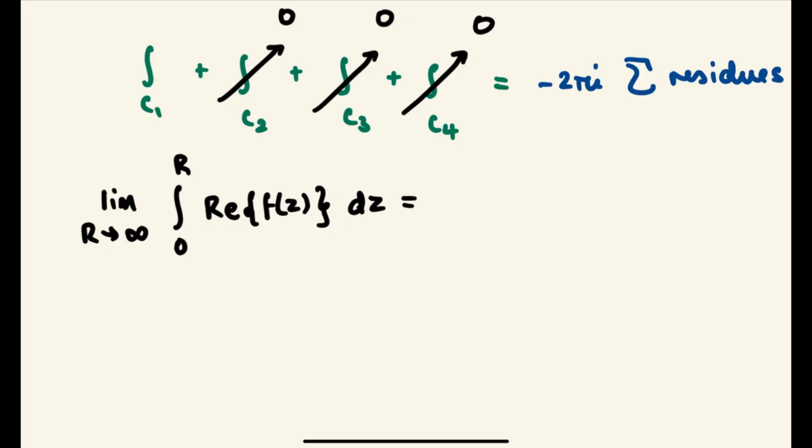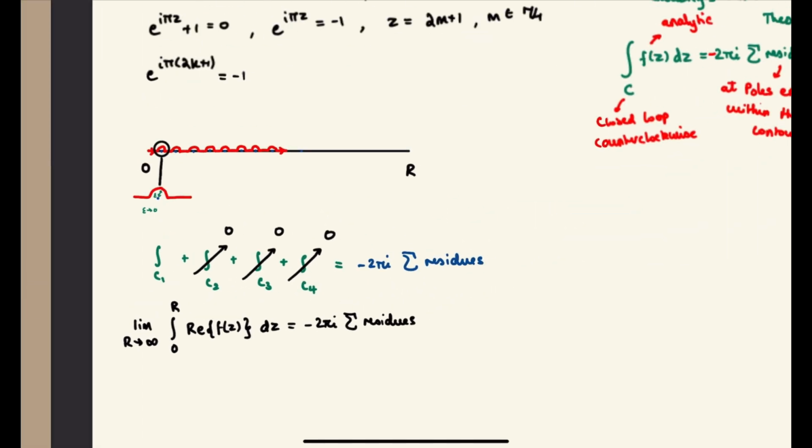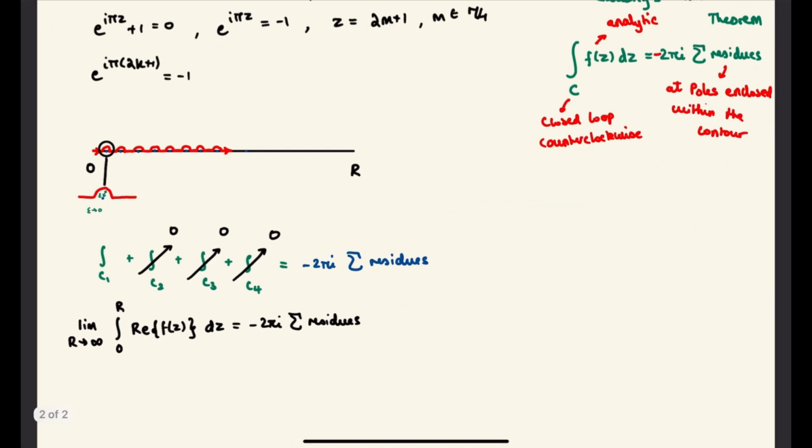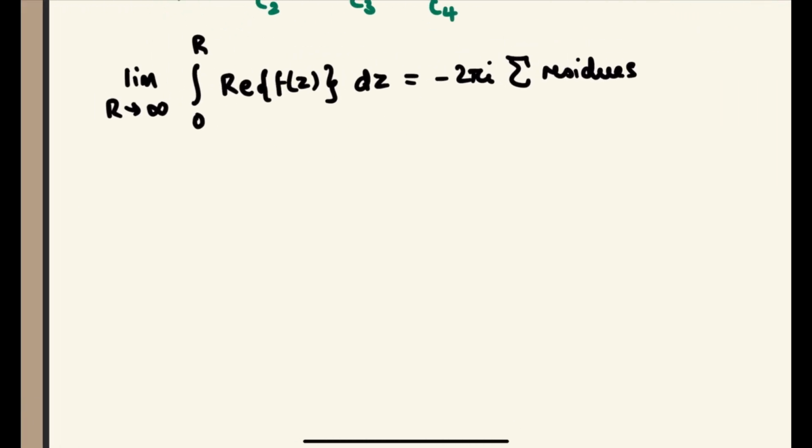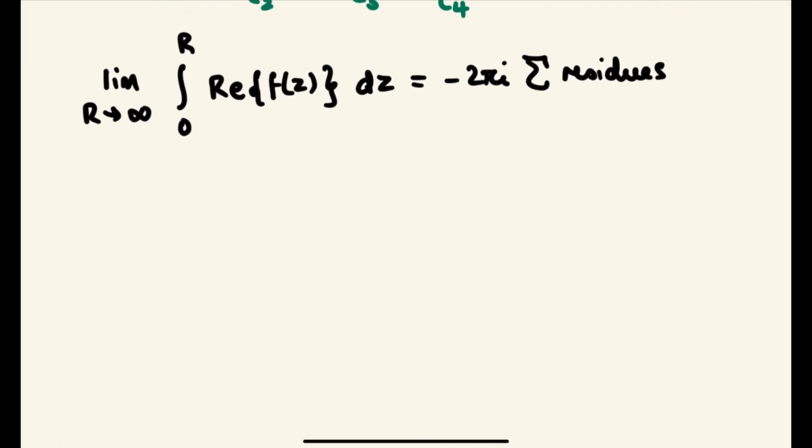And that's going to equal minus 2 pi i times the sum of the residues. Okay, nice. It's looking really nice so far. Now, the video is going to be so long if I go through each of these steps here. So I'm going to give you guys that the real part of f of z is equal to x over e to the pi x plus 1.